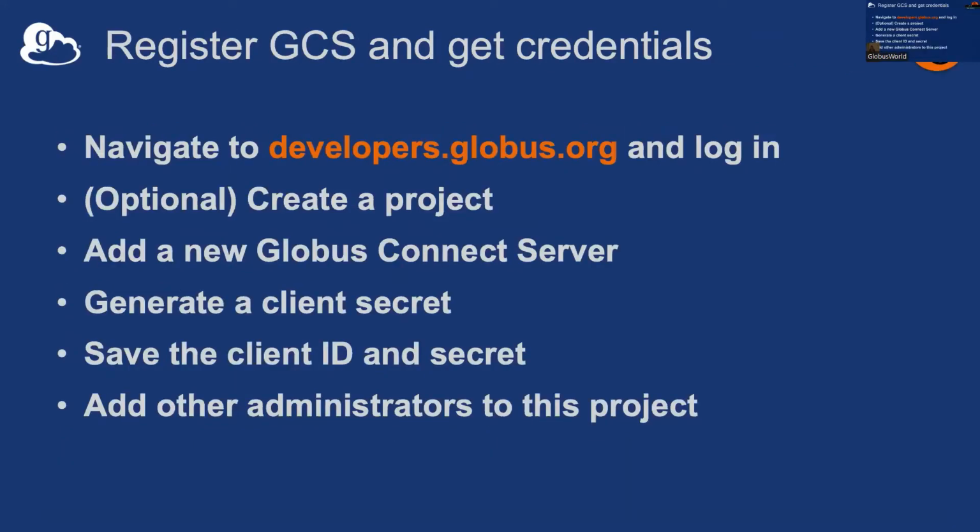Okay, so to register GCS and get credentials, we go to developers.globus.org. That is our Globus Auth page for registering any applications or resource servers. If you go in there, you'll be able to log in and you will see that there's a notion of projects there. It essentially allows you to group all of your registration under a single project, and projects can have multiple admins, right?